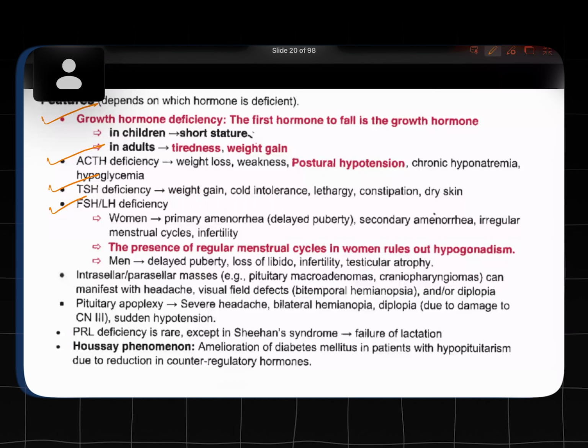Then you have to make the call of panhypopituitarism. The patient will have short stature, tiredness, weight gain, ACTH deficiency features like postural hypotension, hyponatremia, hypoglycemia, TSH deficiency features like cold, clammy skin, lethargy, constipation, and also in women, primary or secondary amenorrhea. So keep an eye out for a mixture of pituitary hormone deficiencies.